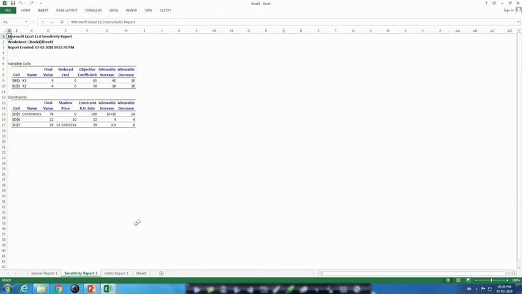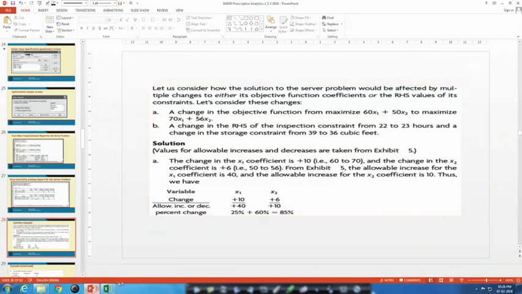And so far as the sensitivity report is concerned, we have here the sensitivity report, and the objective coefficients are 60 and 50. And if you allow increase 40 and 10 and allow decrease 10 and 20, then what should be the possible optimum solutions. So, these are all various possible solutions with respect to this particular problem, right.